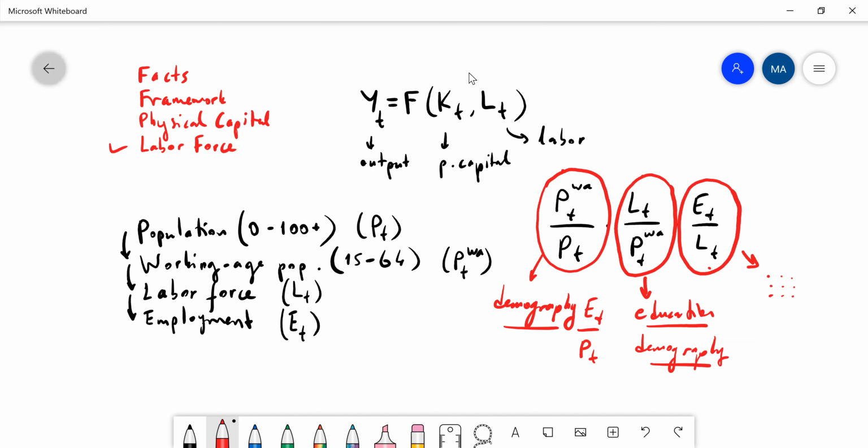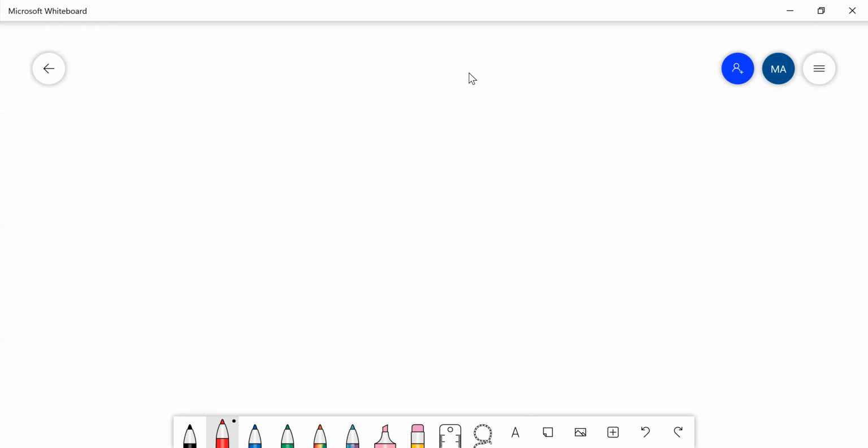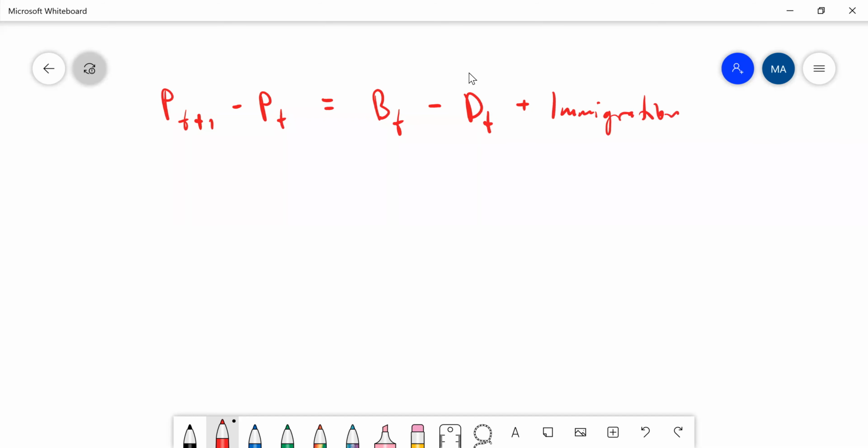To start with demography, we want to understand first the law of population, right? So how population changes. Now, obviously, there are three processes. So if P is population, right? So this is change in population. Let's say t is in years, okay? So it is discrete.